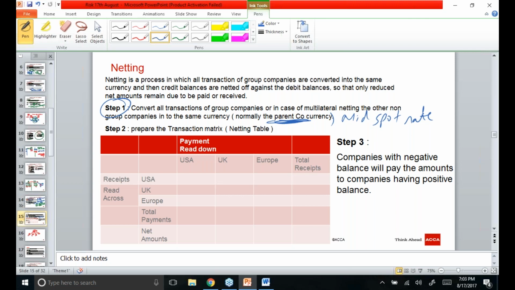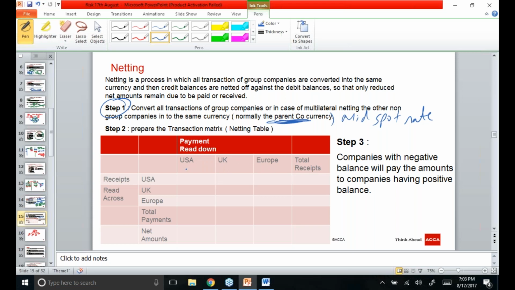Because between subsidiary and parent, it will be an export for one party and an import for another party. So what will we do? We will convert all the transactions using the mid spot rate. Then you have to make that transaction matrix, this table. Let's suppose there are 3 companies, USA, UK and Europe company.